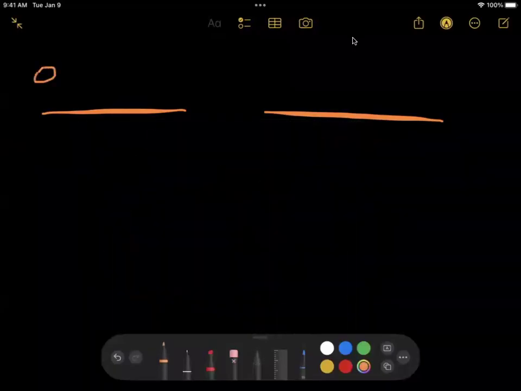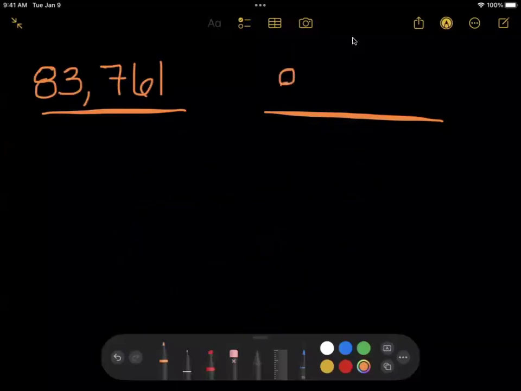The first number is 83,761, and the second one is 83,764. Now you may be able to tell right away which number is greater. And if that's great, go for it. Go ahead and do that.